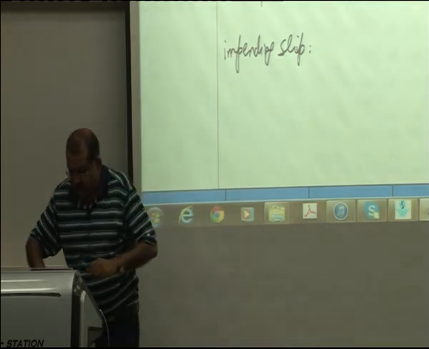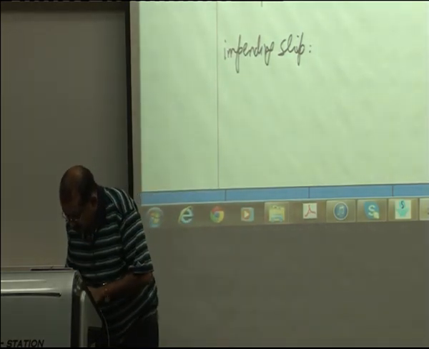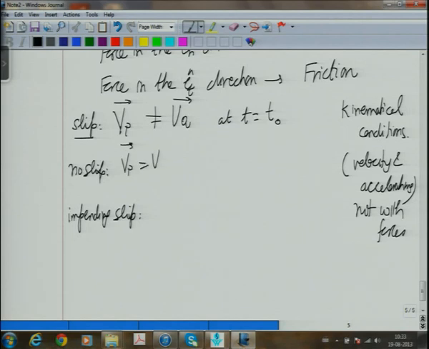So no slip means Vp is equal to Vq at t equal to t0 and Vp is equal to Vq at t equal to t0 plus. T0 plus means the next instant.